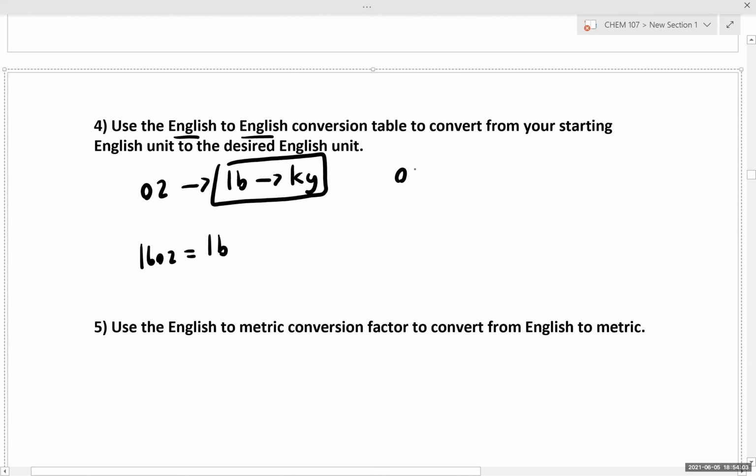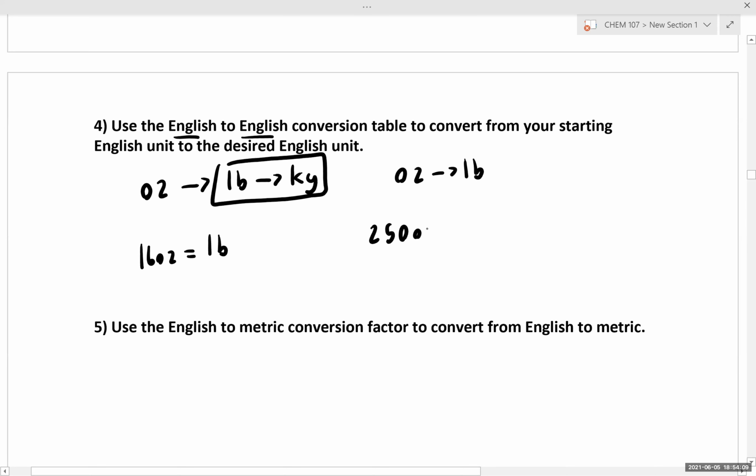So to go from ounces to pounds, we know that if we have 250 ounces, pounds will be on top, ounces will be on the bottom. And we know that in 1 pound, there are 16 ounces.